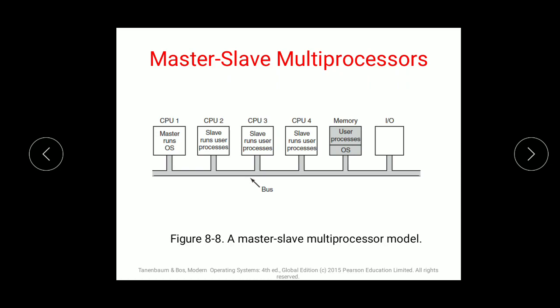There is a single data structure to record the ready processes. So there is one single data structure which is being used for collecting the data. When a slave CPU goes idle, that is, it is not working, it asks the operating system on the master for a process to run and is assigned one.